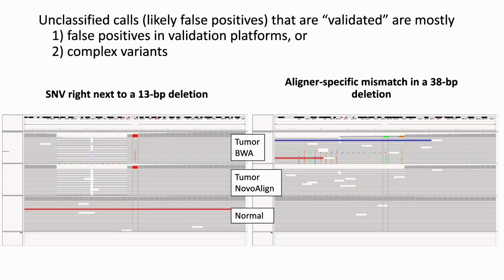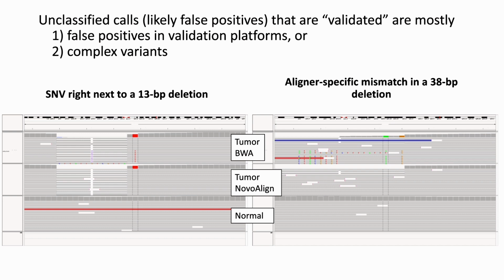Here are two examples of unclassified calls that were deemed validated in the validation platforms. The photo on the left shows 3 screenshots of genome viewer for the variant in question. From top to bottom, it shows the BWA alignment for the tumor, the novel alignment for the tumor, and the BWA alignment for the matched normal.